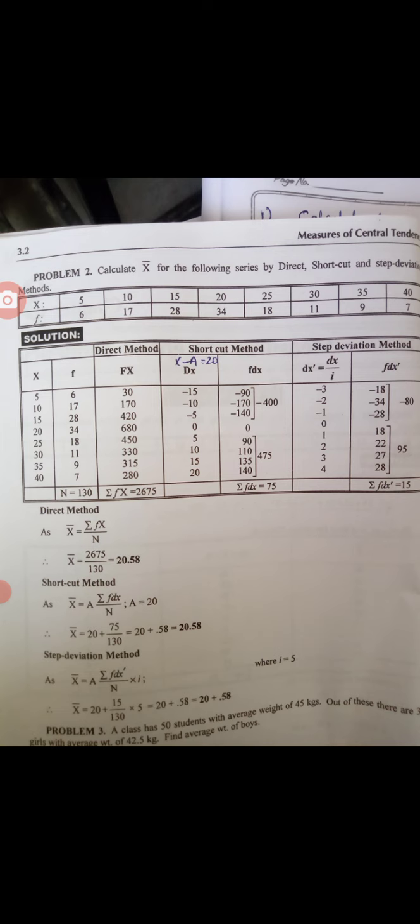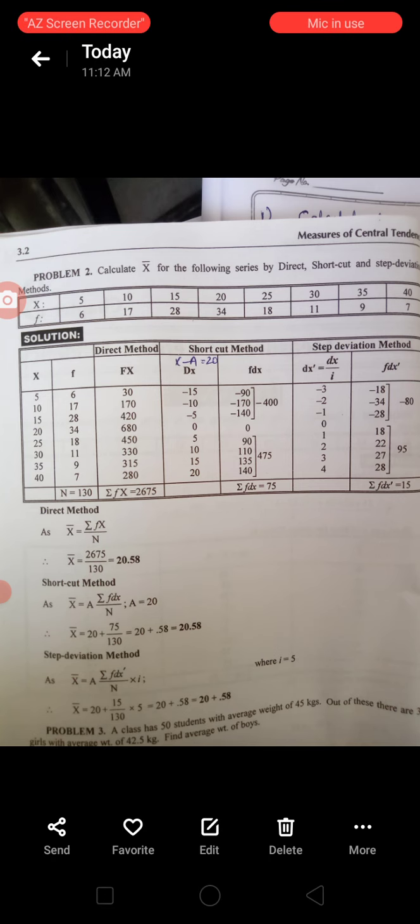Now see, 5 into 6 you will get 30, 10 into 17, 170, 15 into 28, 420, 20 into 34, 680, 25 into 18, 450, 30 into 11, 330, 35 into 9, 315 and 40 into 7 you will get 280. Now you have to add all the values, and the total of fx is 2675.